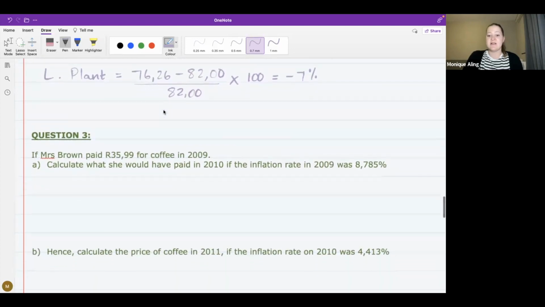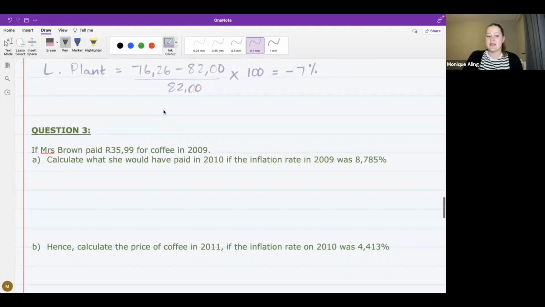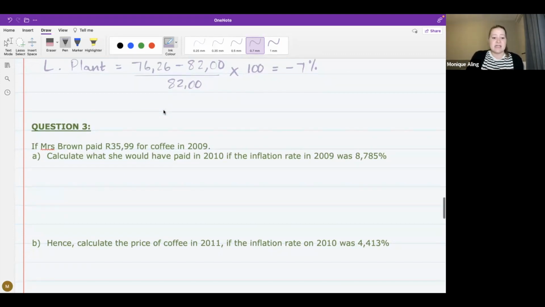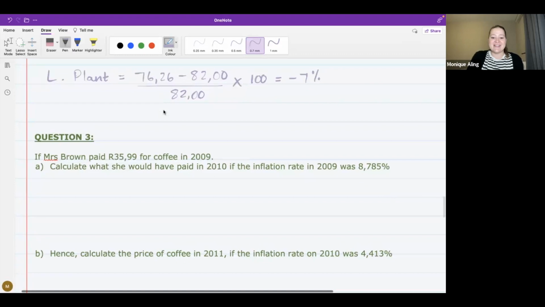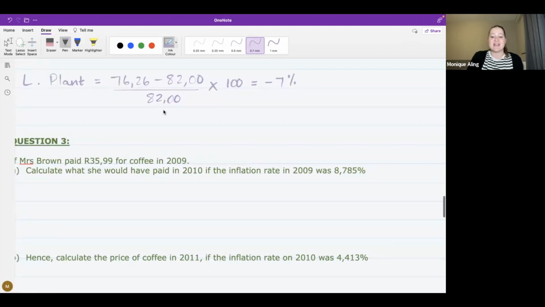Okay, going to give you a slightly different question. Still similar, but a little bit different. If Mrs. Brown paid 35 Rand 99 for coffee in 2009, those were clearly good times. Calculate what she would have paid in 2010 if the inflation rate in 2009 was 8,785%.